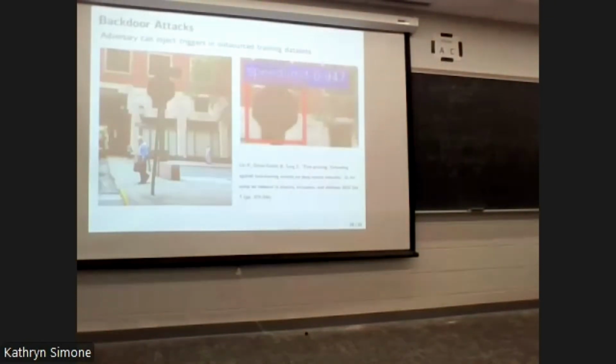I also want to talk about backdoor attacks. This is a case where you have a training set and a model you want to train, but you aren't the one doing the training. So this is no longer the case that the attacker is attacking the trained model. It's going to attack the training data and embed something in the model.